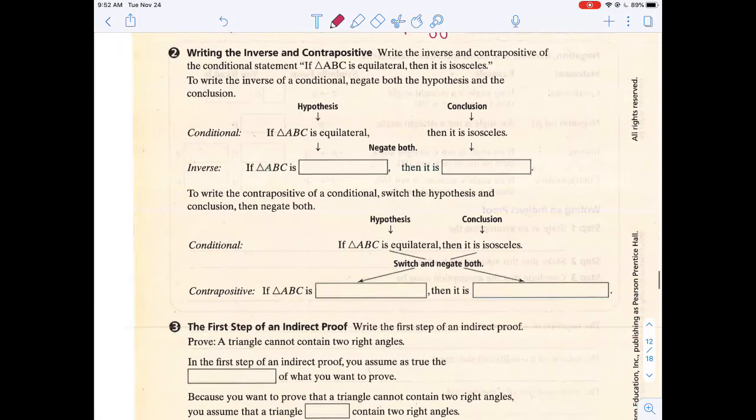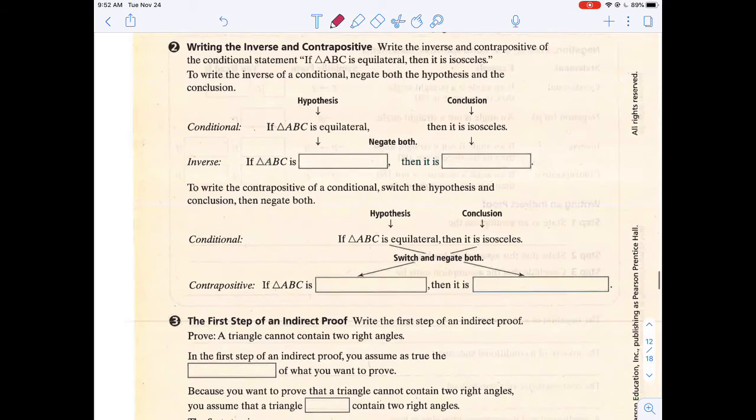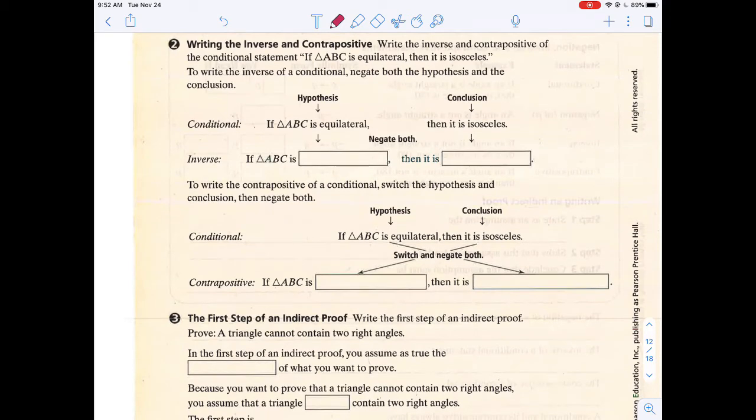Okay. Example 2. Write the inverse and contrapositive. The statement says if triangle ABC is equilateral, then it is isosceles. First, we are going to write the inverse of the statement. Now remember, inverse means we negate both the hypothesis and conclusion.